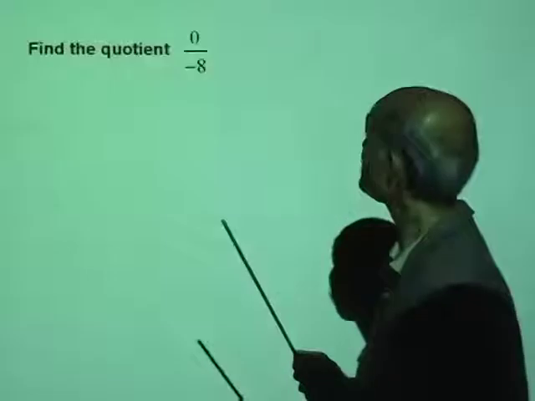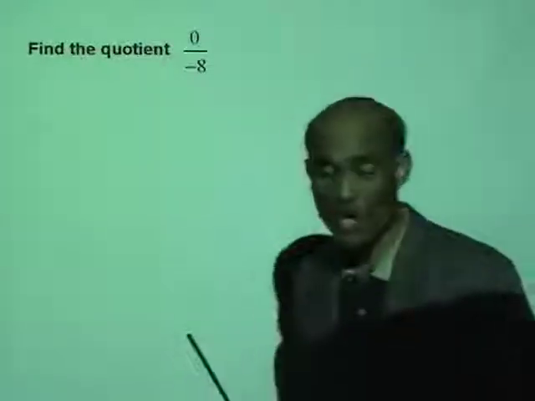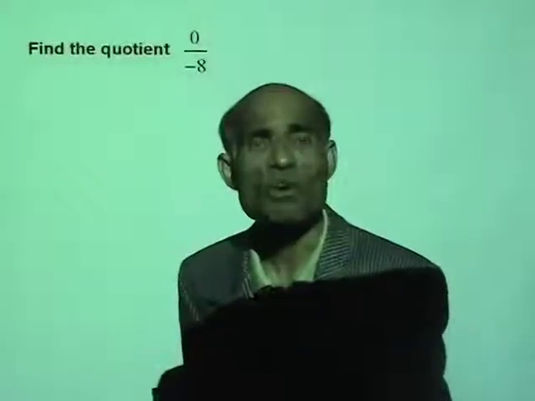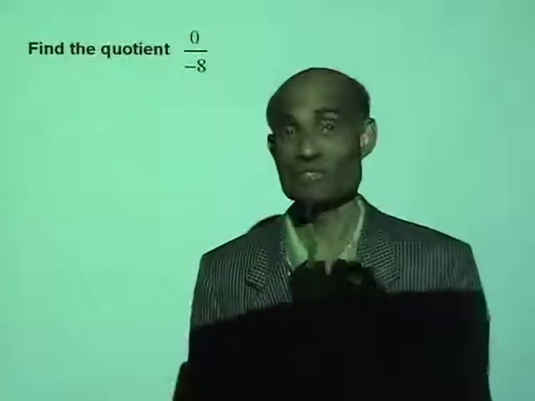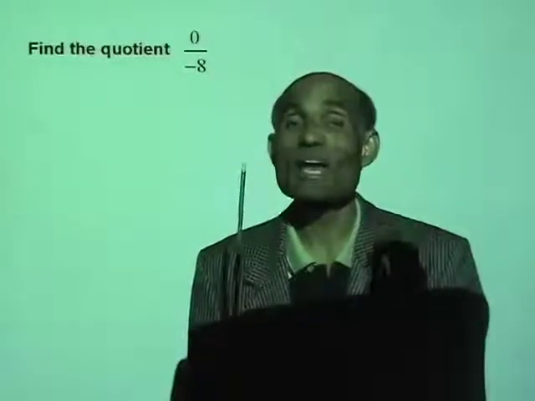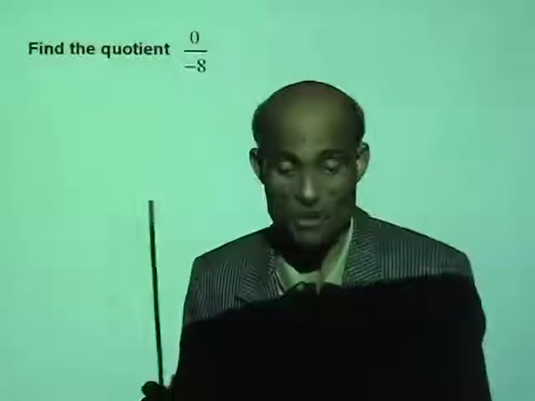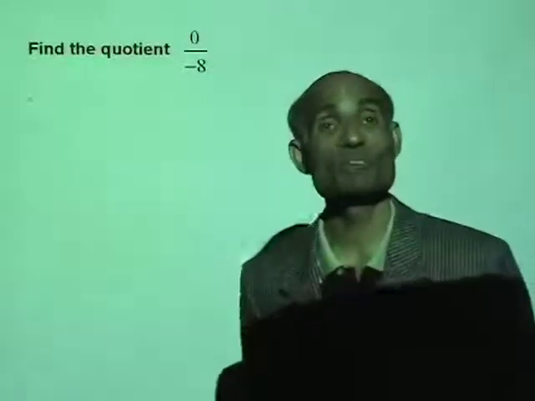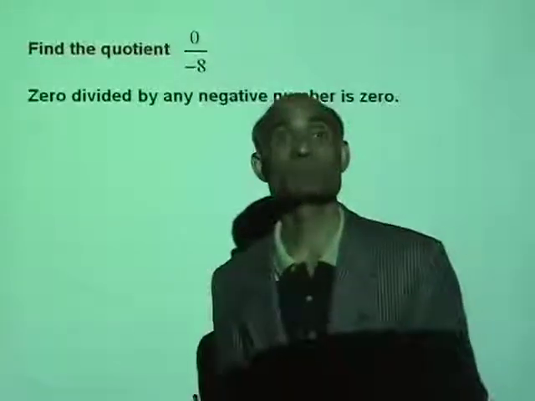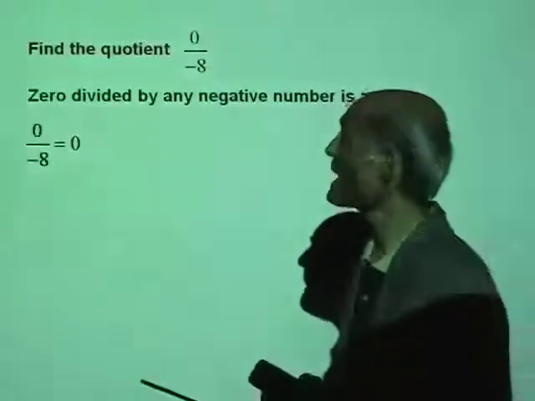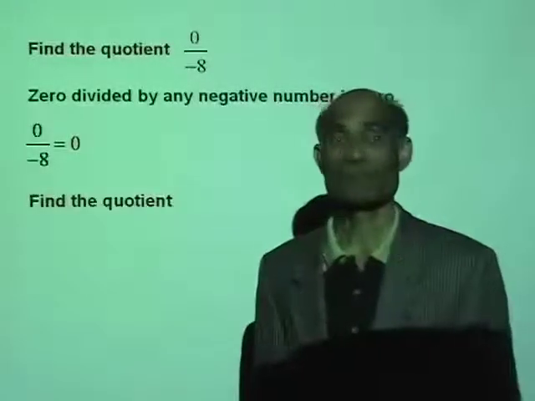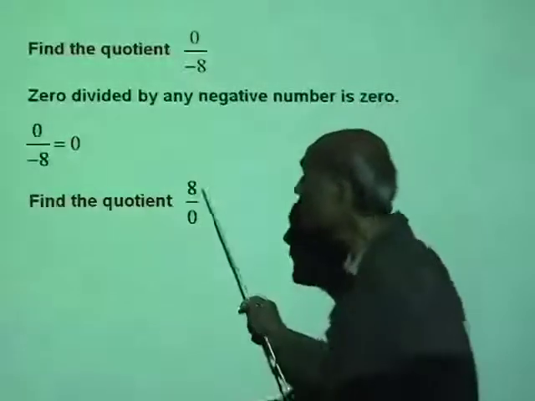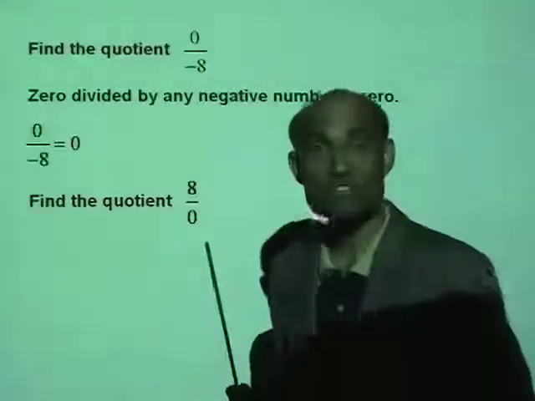Okay, let's do another one. Find the quotient 0 divided by negative 8. 0 divided by any number is 0. So what is 0 divided by negative 8? 0 divided by negative 8 is 0. Alright, how about this? 8 divided by 0.